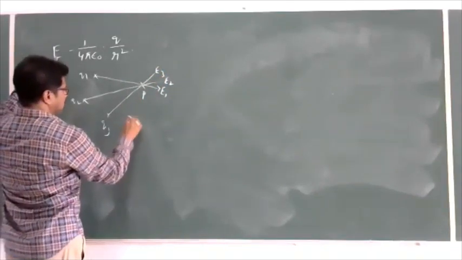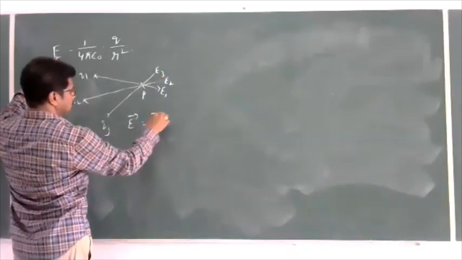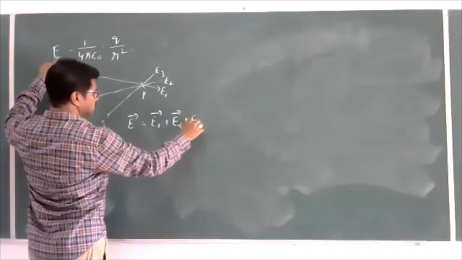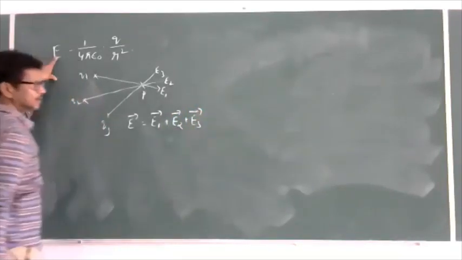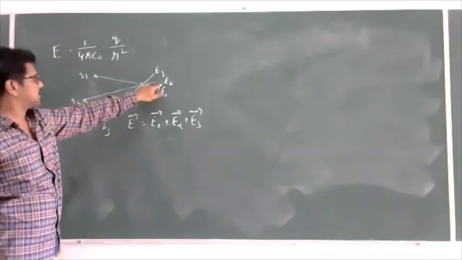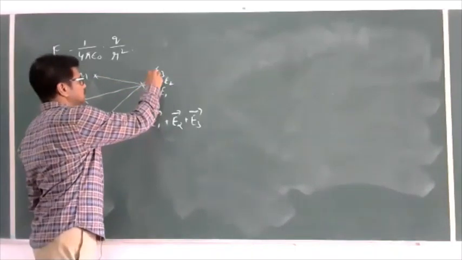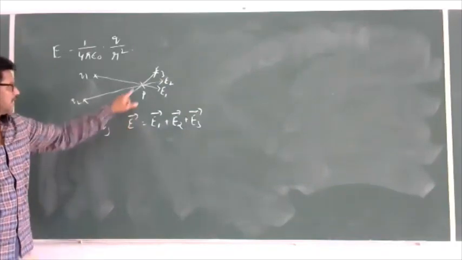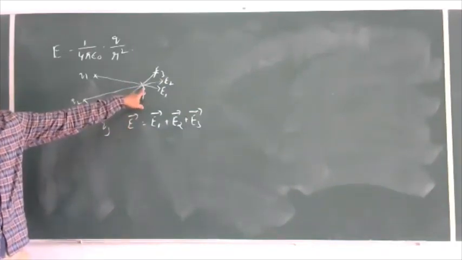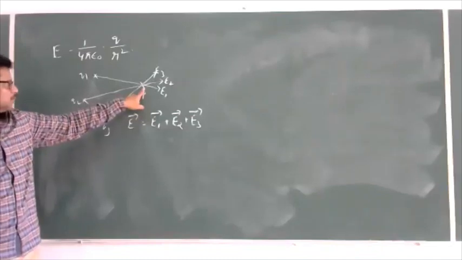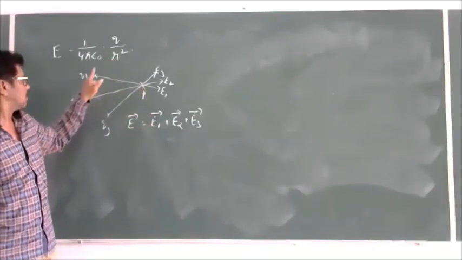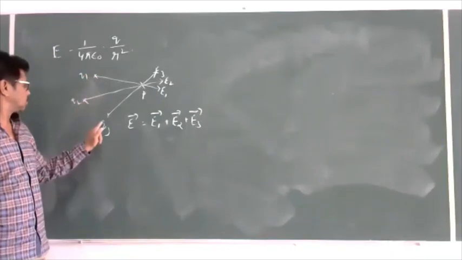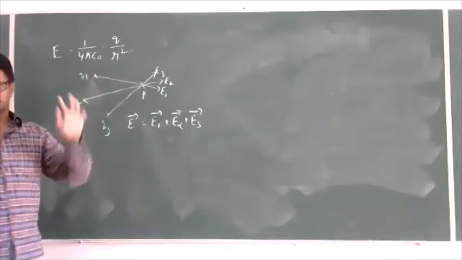The total electric intensity is equal to E1 bar plus E2 bar plus E3 bar, because it is a vector quantity. By using vector addition, we can get the total electric intensity at this point. We can use this formula because we know that Q1, Q2, Q3 are at fixed positions.